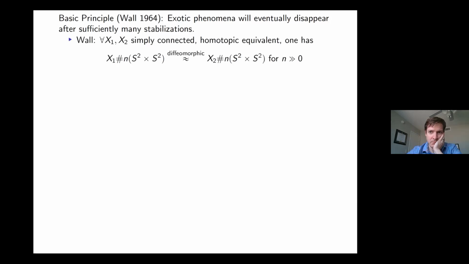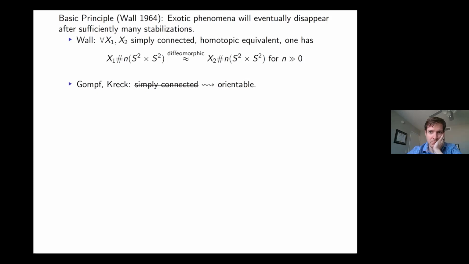First, Wall shows that for any pair of simply connected homotopy equivalent four-manifolds, they become diffeomorphic to each other after sufficiently many stabilizations. Later, Gompf and Kreck removed this simply connected condition and proved a generalization of this result for any orientable manifolds.